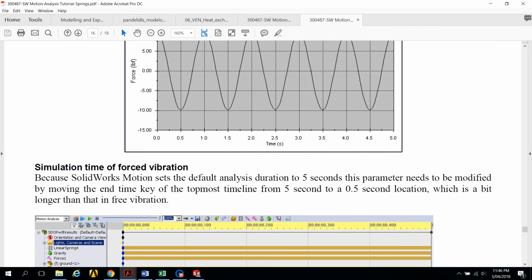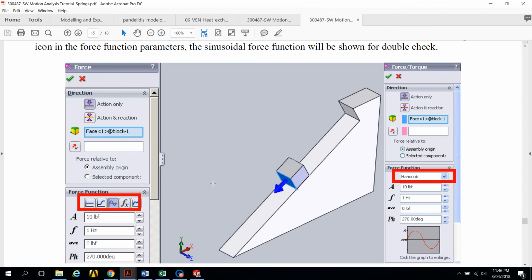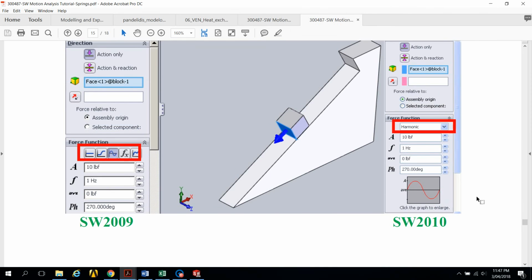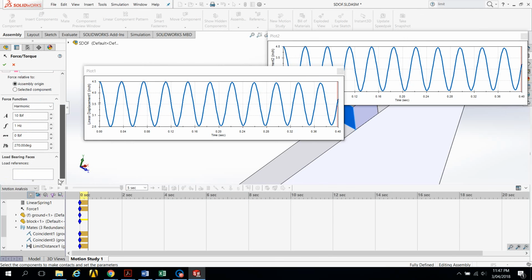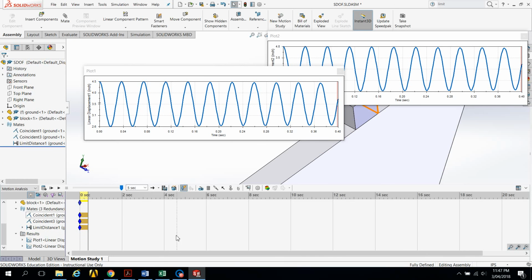Selection of the force vibration. Now, how to get this one first? Click the graph to enlarge. I don't have any graph here. That's strange. Anyway, I'll have to accept it as it is because I don't have any graph here.